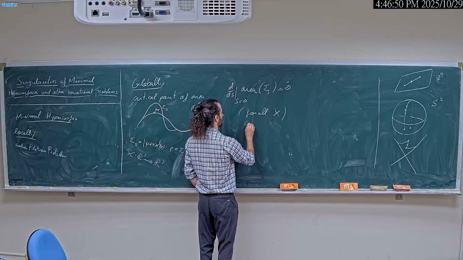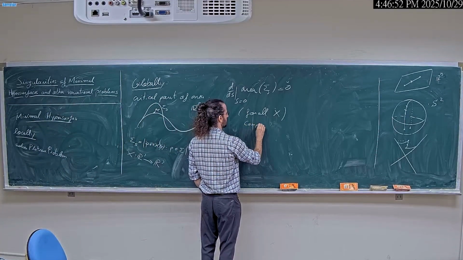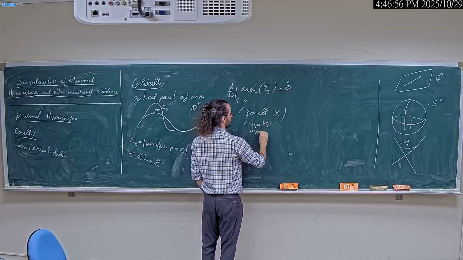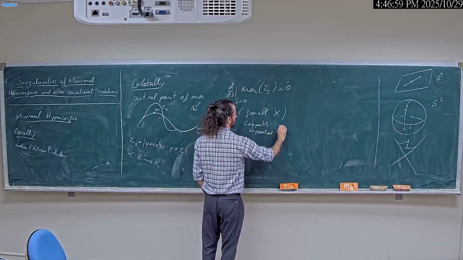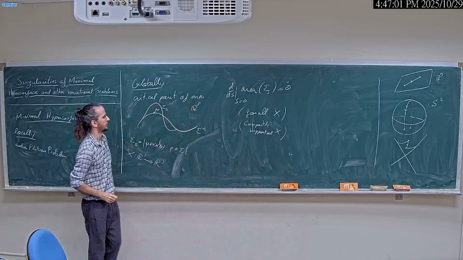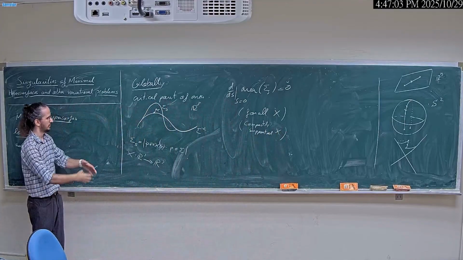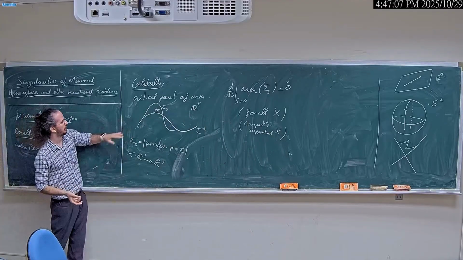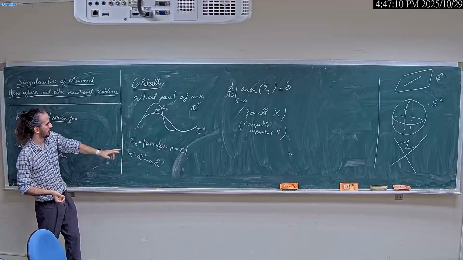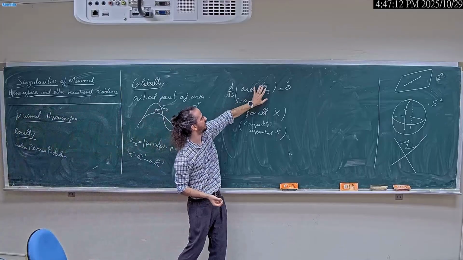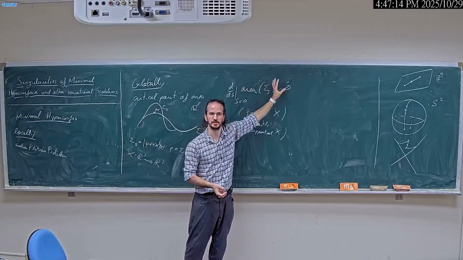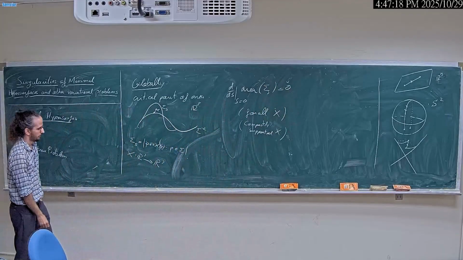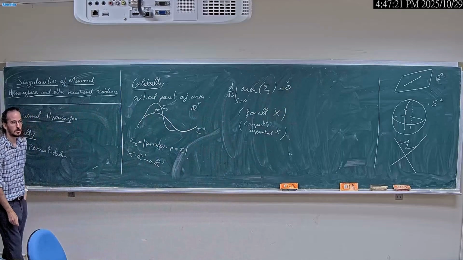Maybe we should say compactly supported vector field. If the surface is not compact, which can happen, then it's not so clear how to differentiate things or how to solve this. Okay. Any questions? Okay.